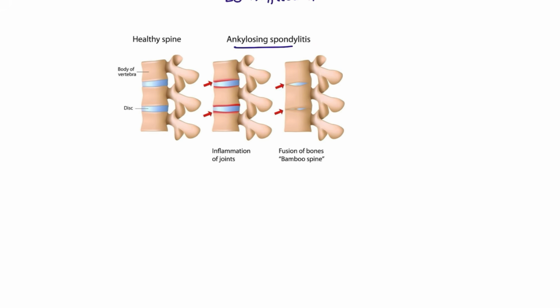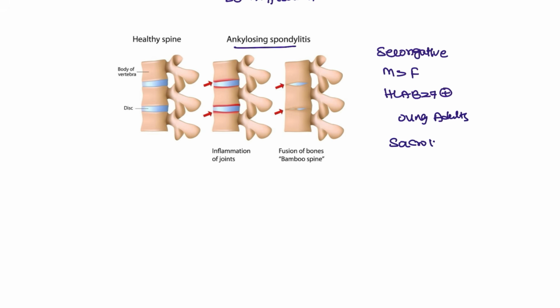Next, ankylosing spondylitis. This is a seronegative condition, most commonly seen in males more than females. HLA-B27 is positive in this patient, usually young adults are involved, and it will cause sacroiliitis. This is a basic feature, most commonly affected in this patient, right?